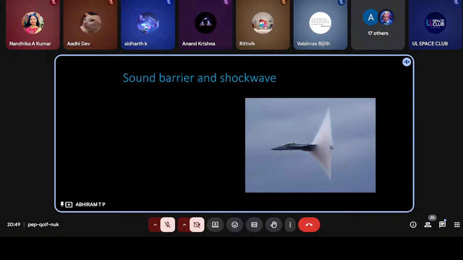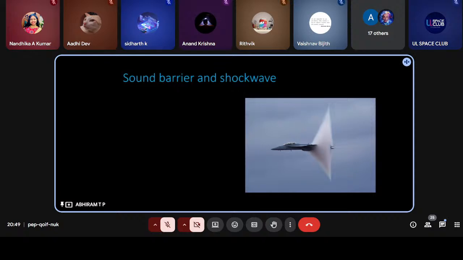Mach is actually a unit we use to measure the speed of a body with respect to the speed of sound. The speed of sound is taken as the reference of Mach 1, and if the speed is less than Mach 1, it is called subsonic, the speed at which normal passenger planes move. If the speed is between 0.8 and 1.1 or 1.2 Mach, it is called transonic. That means you are approaching, or have already approached, the speed of sound.